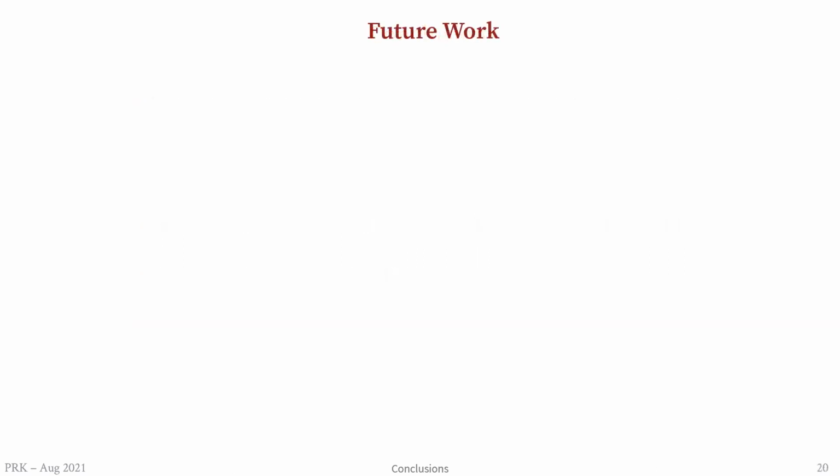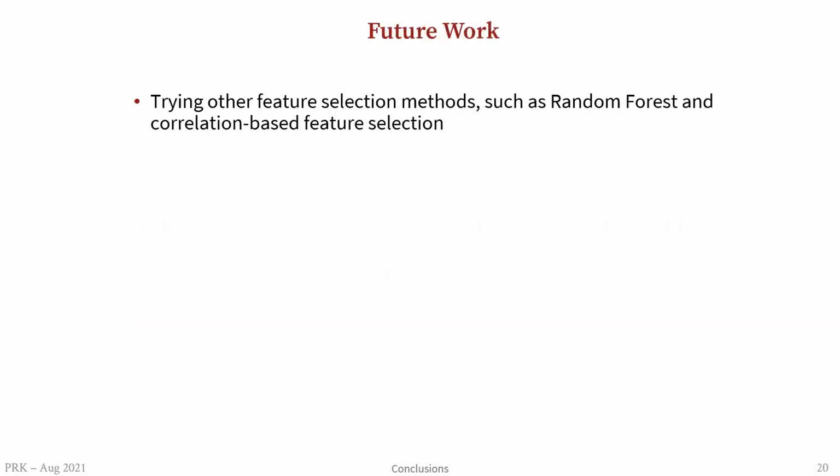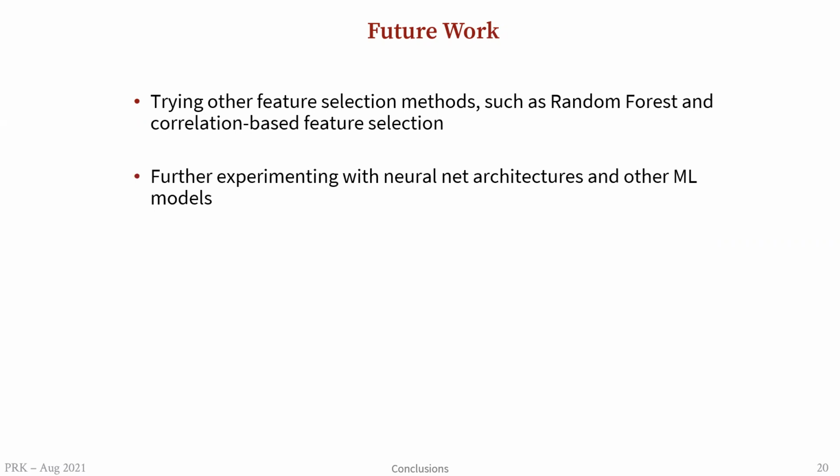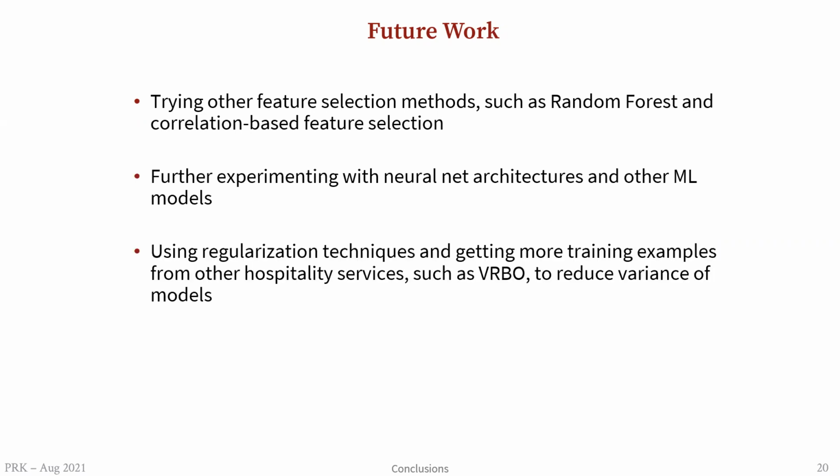As for the future works, we expect that trying other feature selection methods such as random forest and correlation-based feature selection would give us good improvements on the existing models. Also, experimenting with the neural net architecture and using other machine learning models would definitely help explore this problem more deeply.